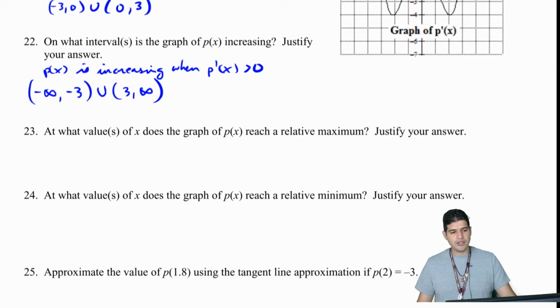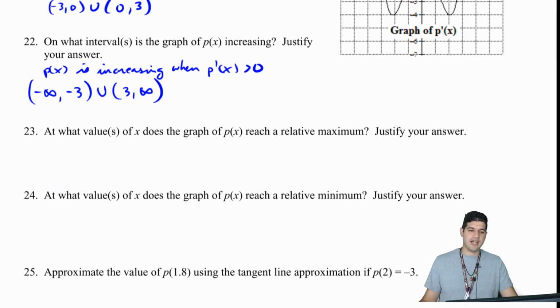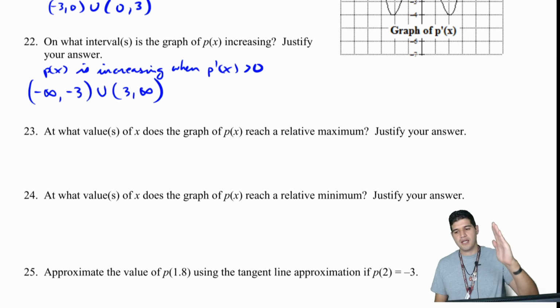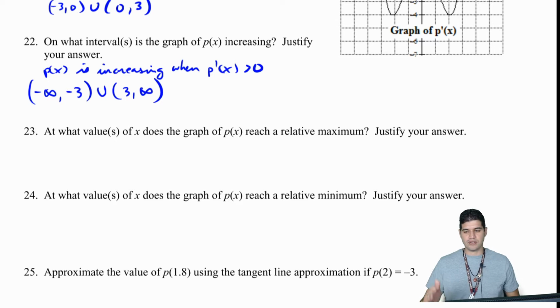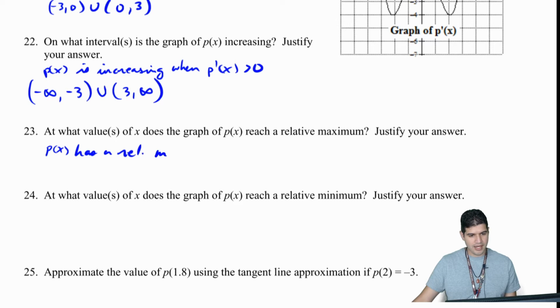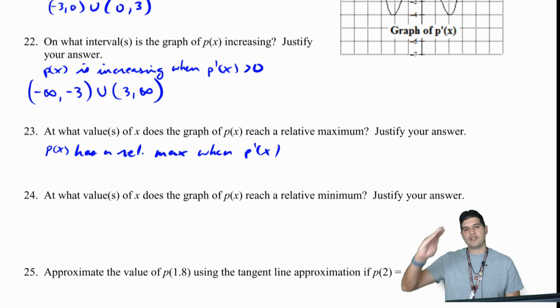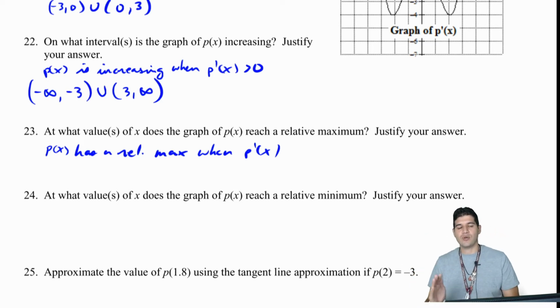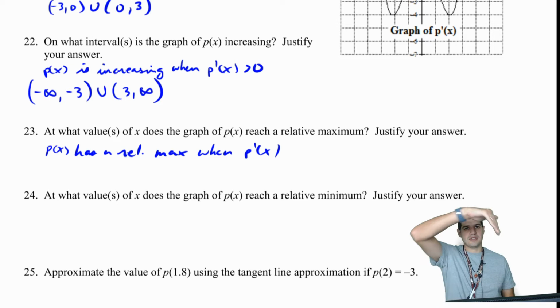Now we want to continue using that graph, and we want to say at what values of x the graph of p of x reaches a relative maximum. Maximums are where you're at the top of the hill, where the function is going from increasing to decreasing. So p of x has a relative max when p prime is going from positive to negative.